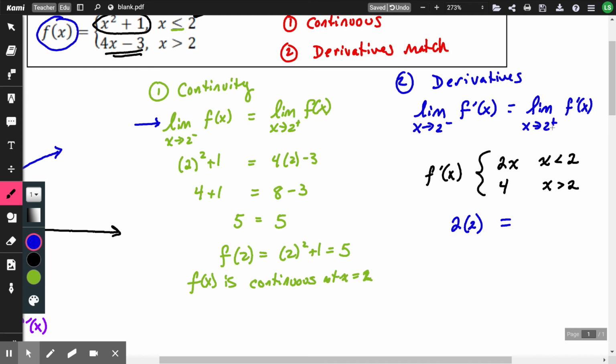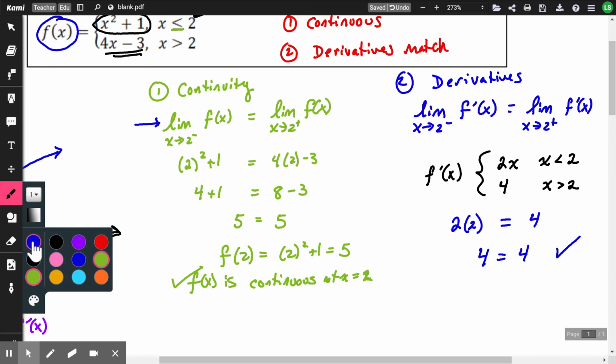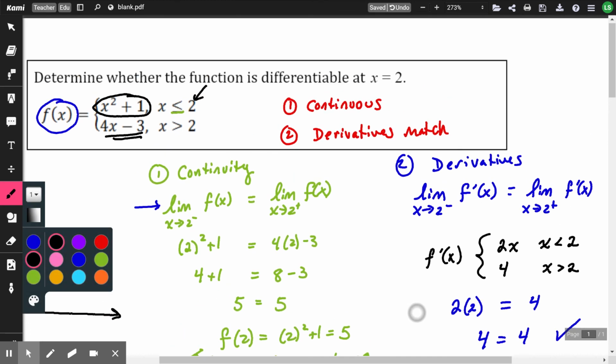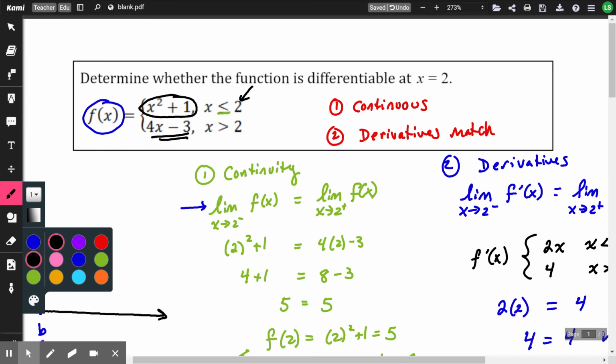The limit as we approach 2 from the right of f prime is a 4. And so we're looking at 4 is equal to 4. And so our derivatives do match as a limit approaching from both sides. So because we are continuous and because our derivatives are going to match from both sides, we can say that f of x is differentiable at x equals 2.